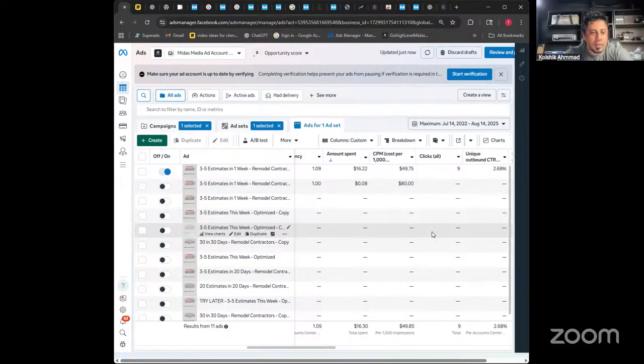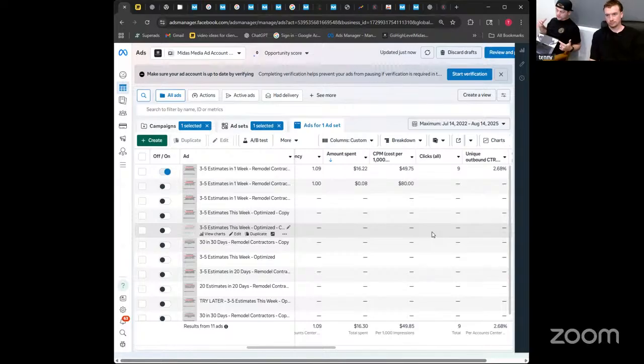Yeah, okay, well it's different depending on story versus Advantage placement, right? I was just comparing it to the Advantage Plus one, not the story one, because that was working, but it did have the high CPM.